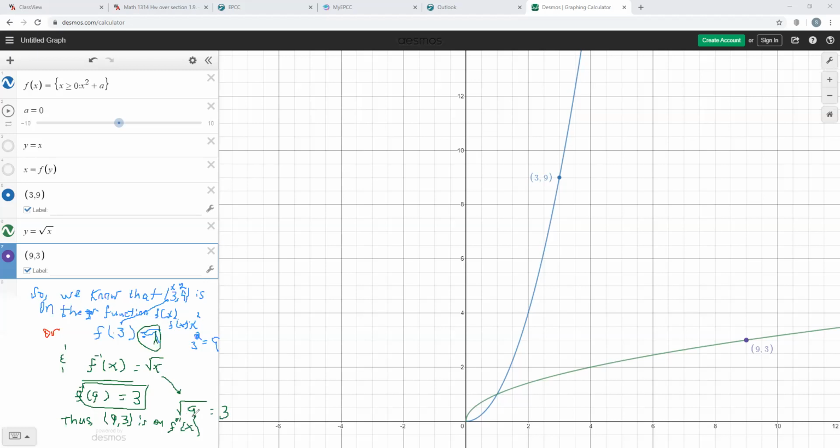We knew it was the inverse because we've been exploring here.